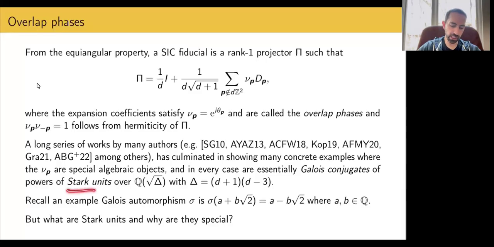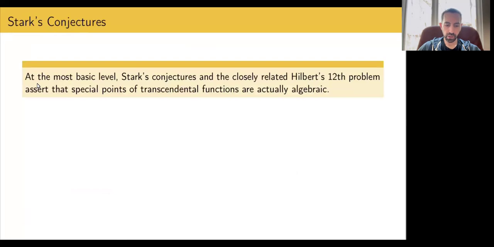Okay, but they're Galois conjugates of these things, Stark units. What the heck is a Stark unit, and why are they special? So I'll only give a basic understanding of this. And basically, Stark units are closely related to an open Hilbert problem, Hilbert's 12th problem.